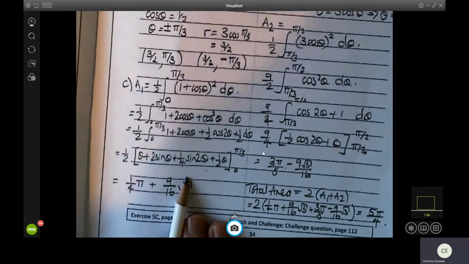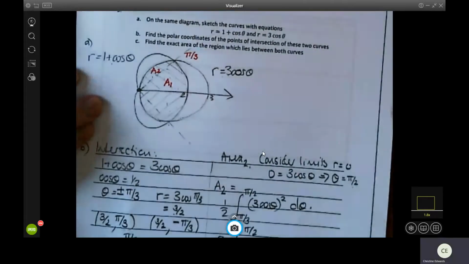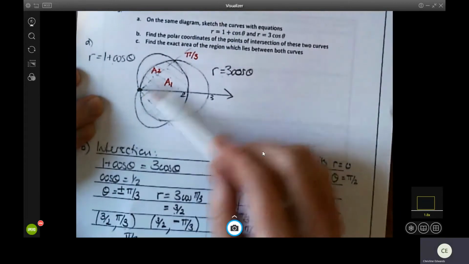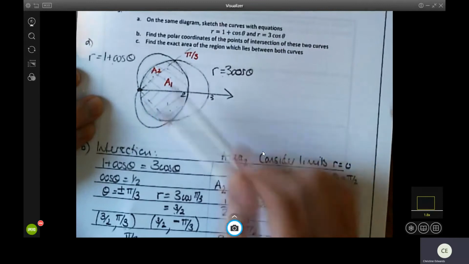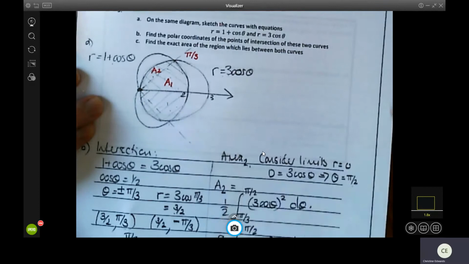Let's just have another little look at the graph. I have to find this area, which we know is the same as this area down here. And I have to find this area, which we know is the same as this area here.